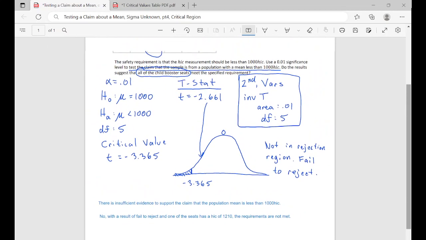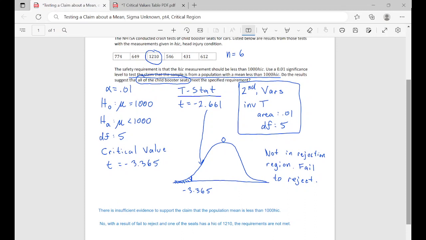Don't have to go super detailed with it, just answering the question. They're not, because one is over, and our hypothesis said that we failed to reject the null hypothesis, so it's possible that the null is true. So be careful with that, especially with fail to reject, because it can be a little bit odd.